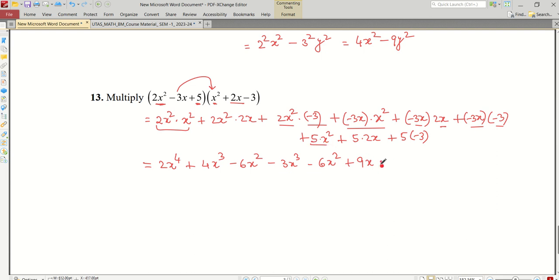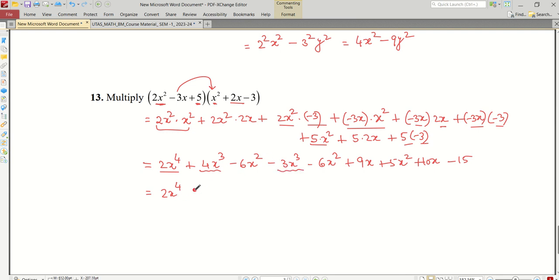Now multiply here. 5 into x square, 5x power 2. And then you can see 5 into 2, 10x. And then one is positive, one is negative. 5 into 3 is minus 15. Class, now collect the like terms. 2x power 4, one term only. Now 4 minus 3, 1.